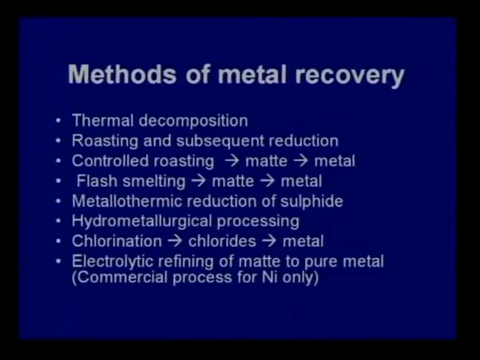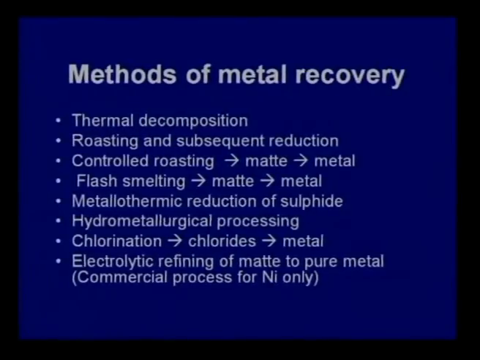Now, these are the standard methods of producing metal from sulphides. One is straightforward thermal decomposition. This is applicable in the case of mercury sulphide, HgS, which can be simply heated and it decomposes to give mercury metal and sulphur.